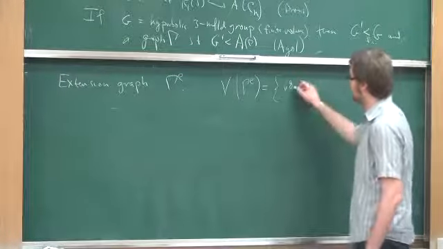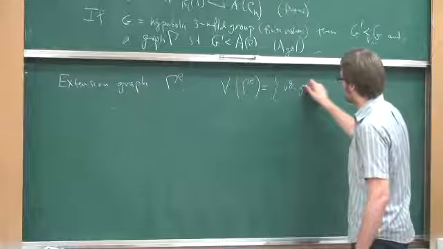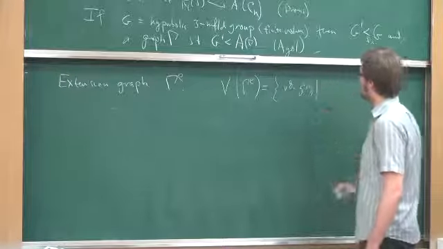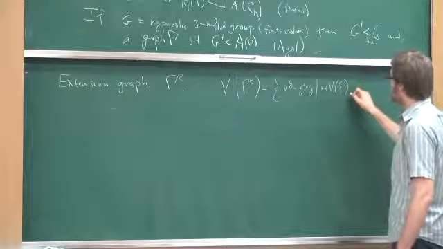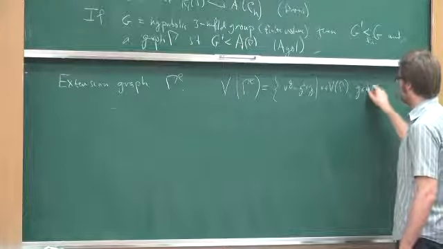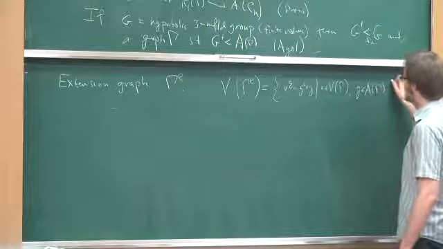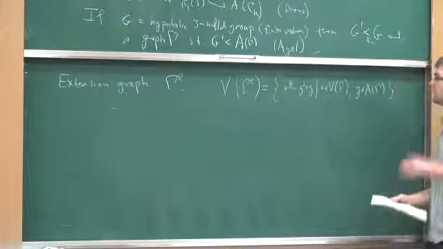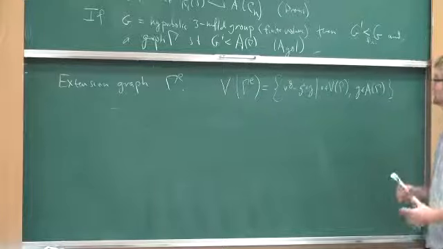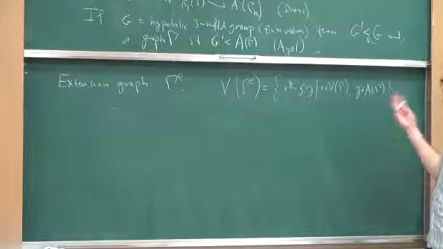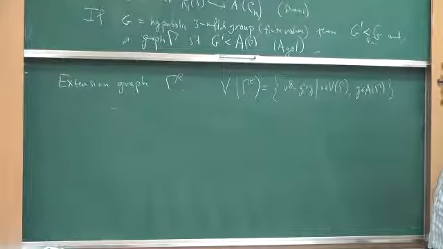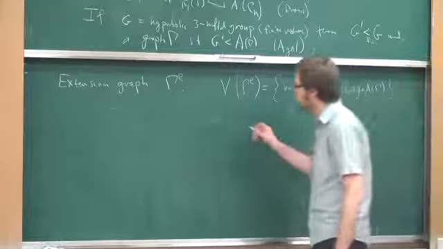So this is a conjugate of v by g, where v is a vertex of gamma and g is an element of the right-angled Artin group. So the vertices being generators of the right-angled Artin group are elements of the right-angled Artin group, and the right-angled Artin group acts on itself by conjugation.